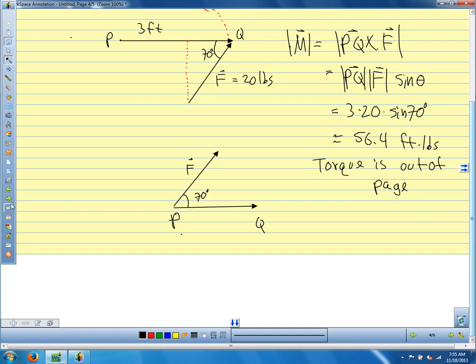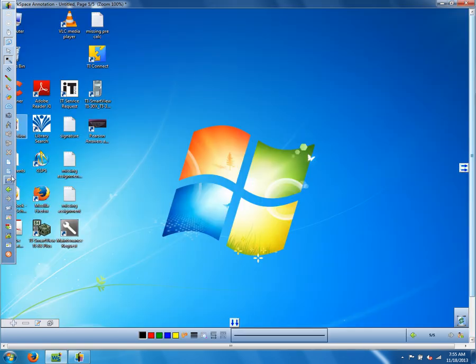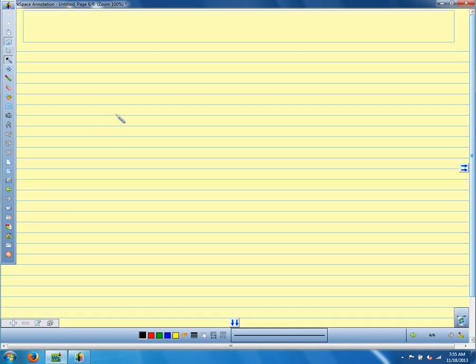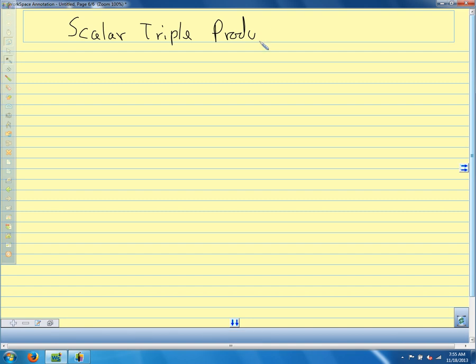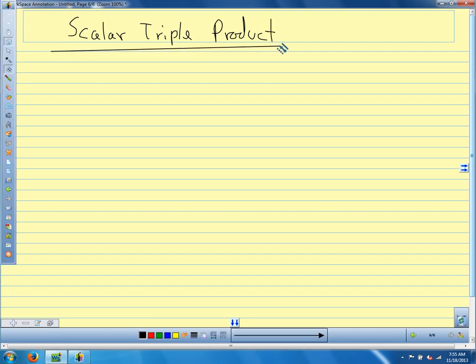All right, one last little piece here, and then we're done for the day. We mentioned a couple of times the scalar triple product, and we said that it gave us the volume of a parallelepiped.